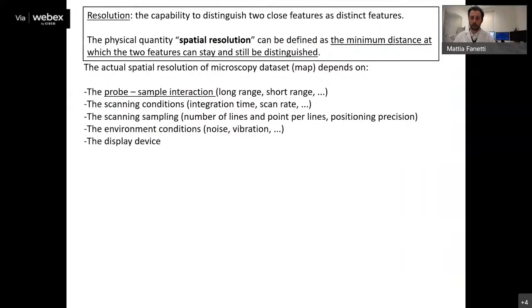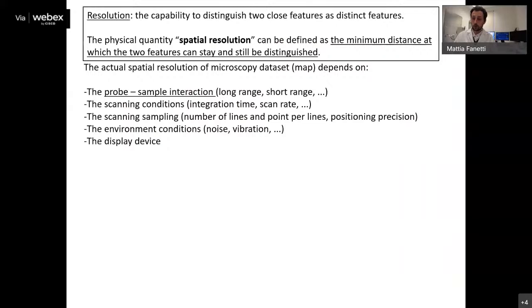Also very important is the environmental condition. If I have noise, vibration or electromagnetic noise, it is more difficult to precisely locate the beam, and so the resolution is lower. Of course, the display device can also be a limiting factor for the resolution.